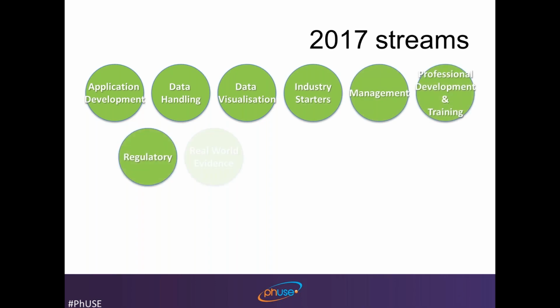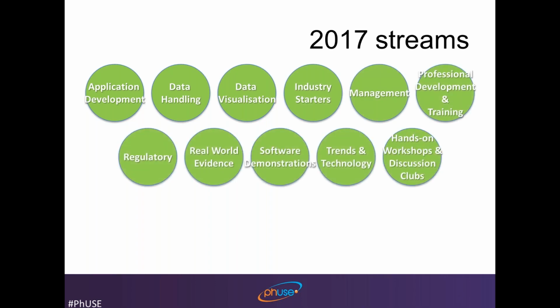So, taking you through the streams for the 2017 annual conference. I won't take you through all the individual streams. What's on the screen now is all the streams that we had last year that we will have again this year. So the streams that haven't changed, at least not in terms of their name or their exact content. We want to modernize and we want to keep up with industry trends, and that's why every year we look at what streams we should change or add, which we've also done this year again.